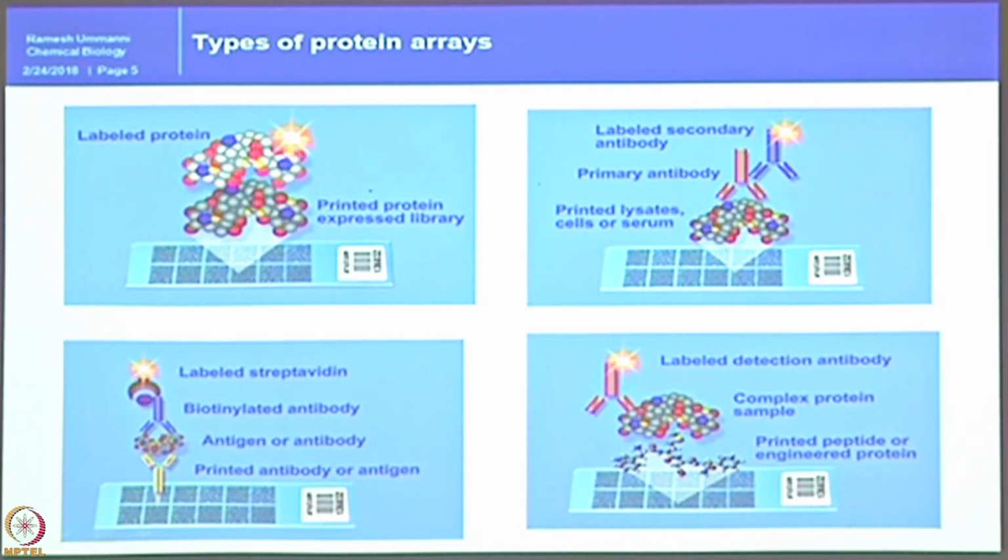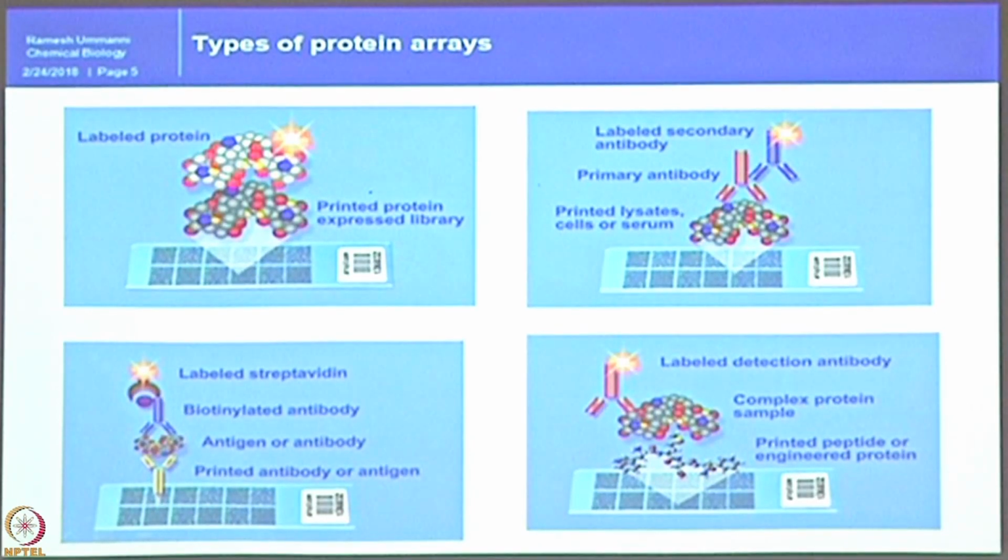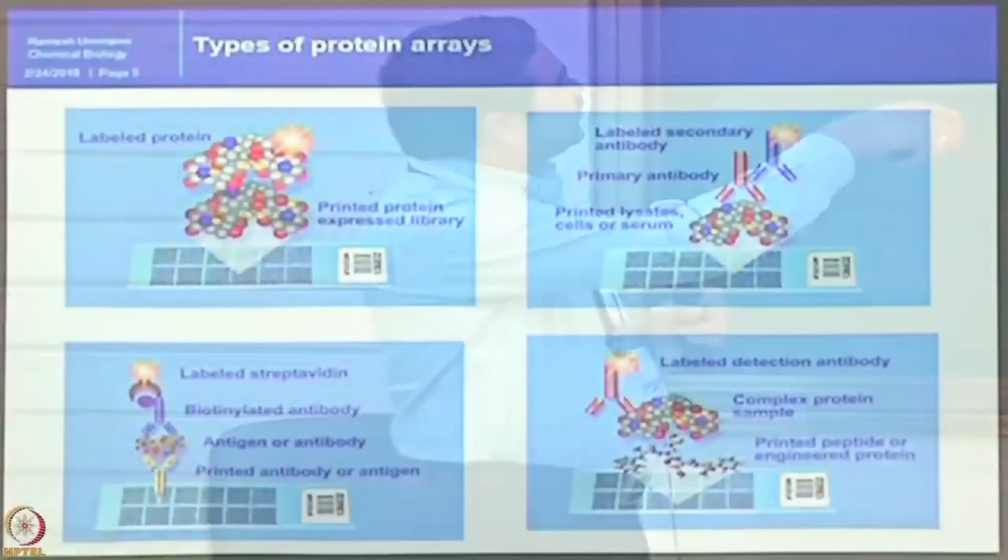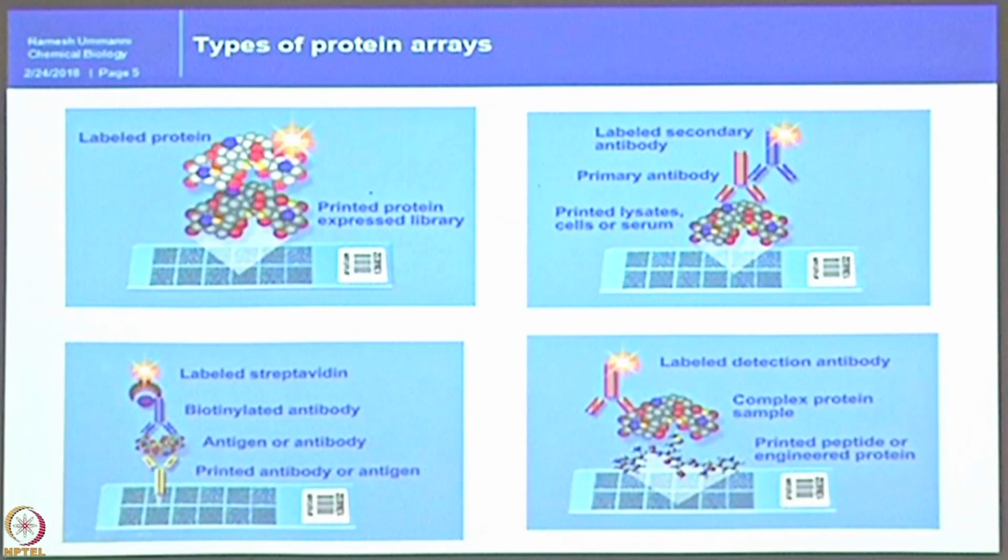The second approach is again a glass slide, printed with an antibody, or of course an antigen could also be used. In this case, antibody, and then you add the lysate, which is a pool of all the proteins expressed by the organism. Those antigens specific to the antibody are captured by the capture antibody.